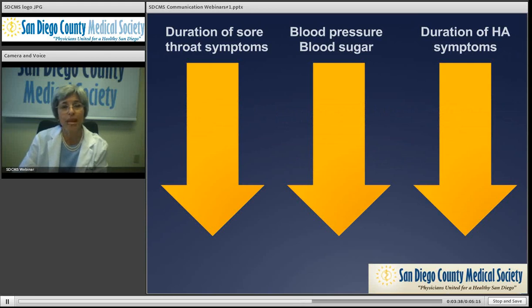And it was the doctor's concern that was cited by patients as being a major factor in helping them control their blood pressure and lower their blood sugar. And in yet another study, the duration of headache symptoms correlated best not with the diagnosis, the treatment, or whether the patient was referred to a specialist, but with the patient's perception that they were able to share their concerns with their doctor.